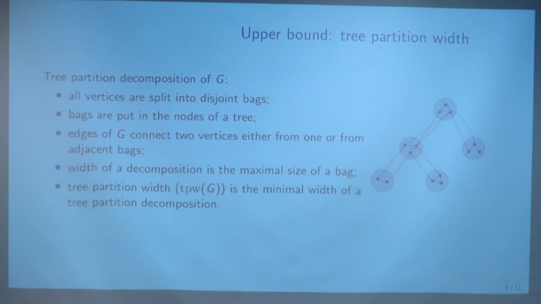The width of this decomposition is the maximal size of a bag in it, and the tree partition width of the graph is just the minimal width of such a decomposition. And this parameter is nicely connected to treewidth from one side and moderately nicely from the other side. Here delta of G is the maximal degree of the graph.